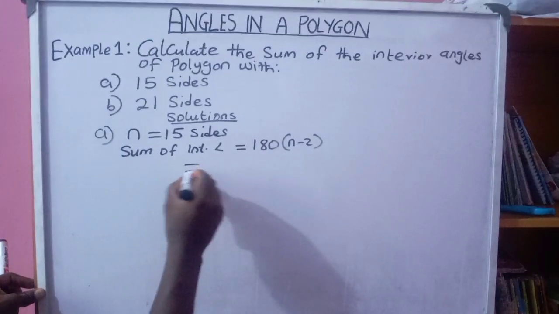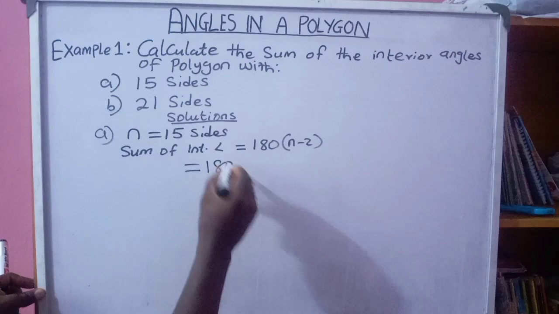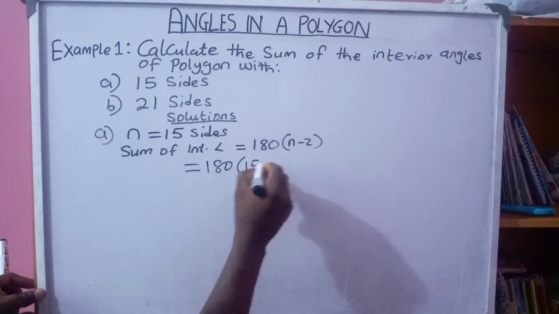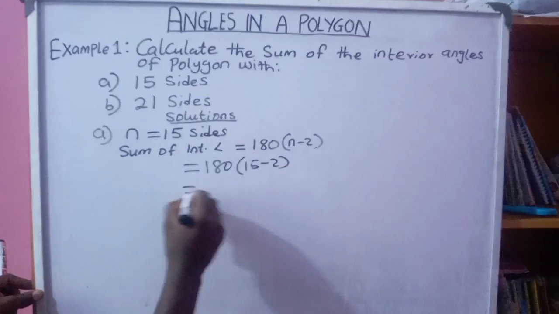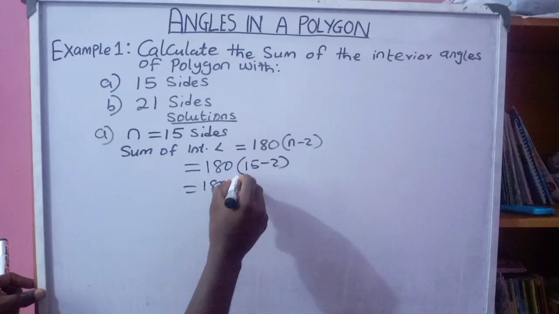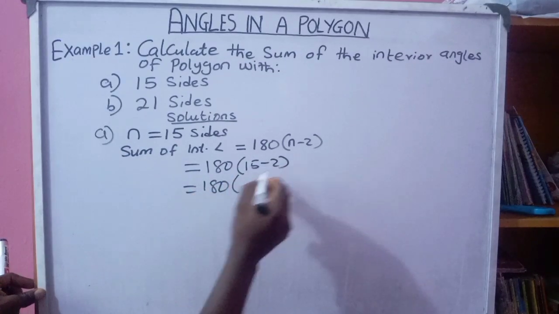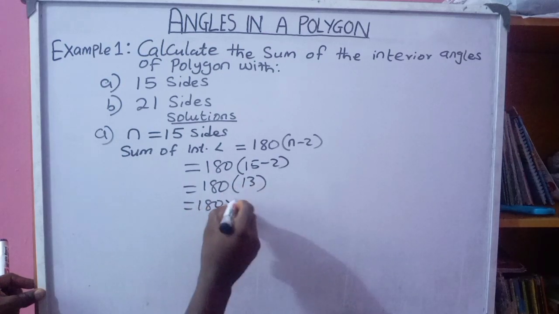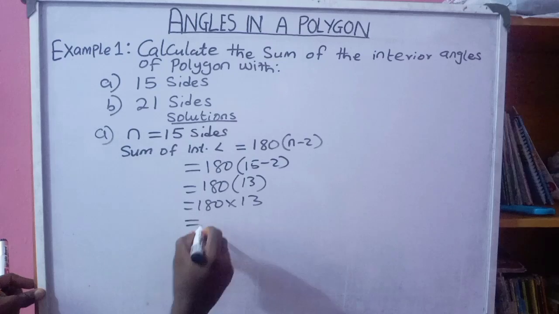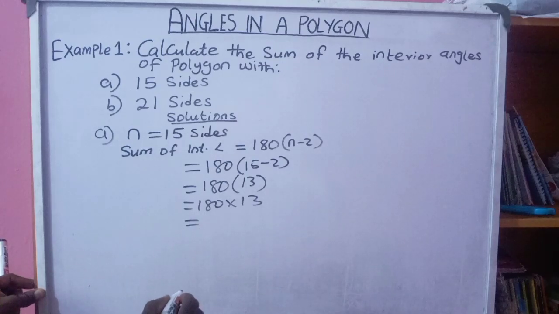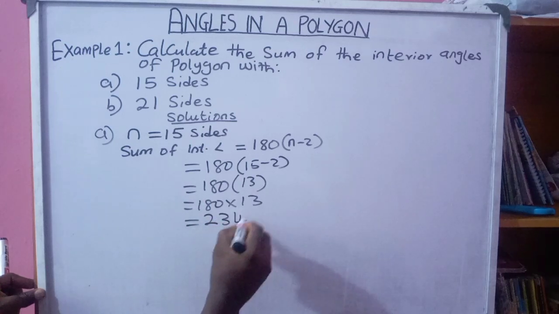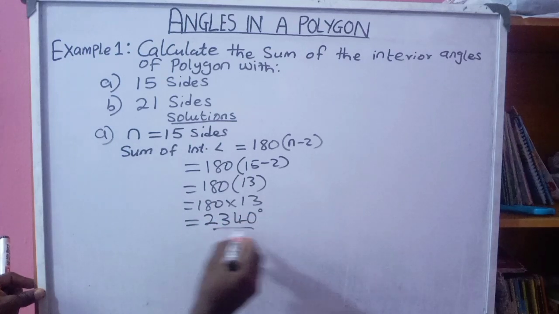That will give us 180 multiplied by 15 minus 2. 15 minus 2 will give us 13. That means 180 multiplied by 13. The answer to the question becomes 2,340 degrees.